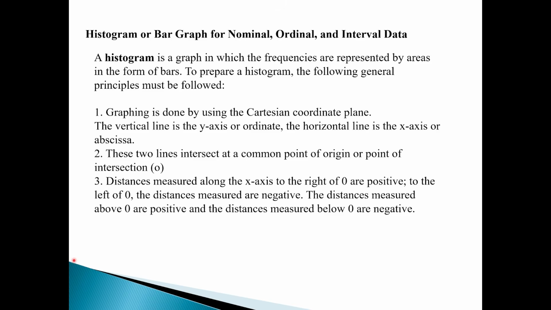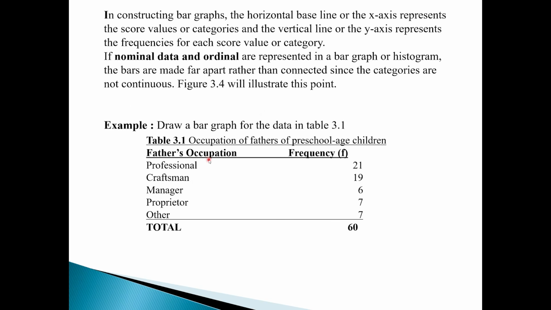Now, you have your measurement in your y-axis and you have your measurement in your x-axis. How do you plot it in a bar graph? In constructing your bar graph, your vertical line, or your y, should represent your frequency.